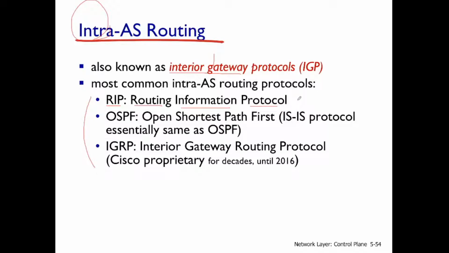It came with Berkeley's BSD distribution in the late 80s, and it's based on the principle of distance vector routing. Nowadays, I'm not quite sure if any network admins are running RIP for their intra-AS.